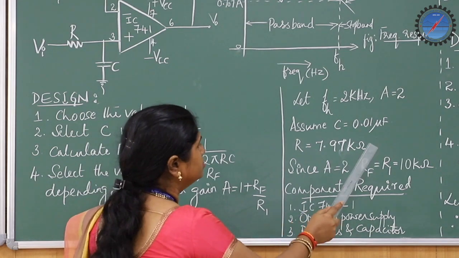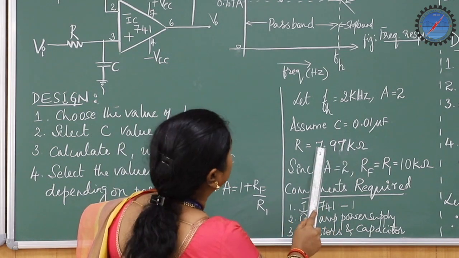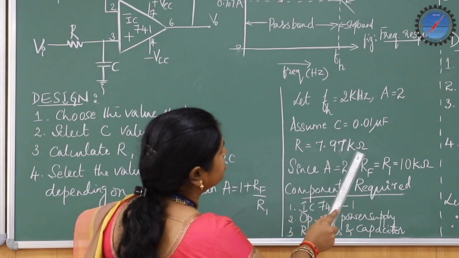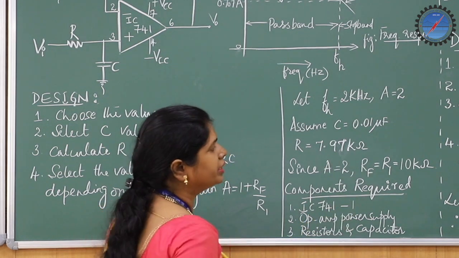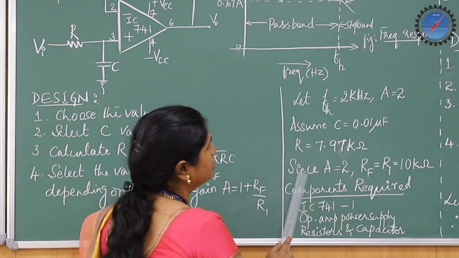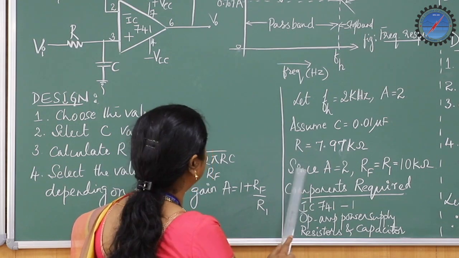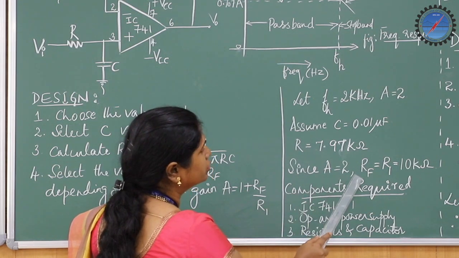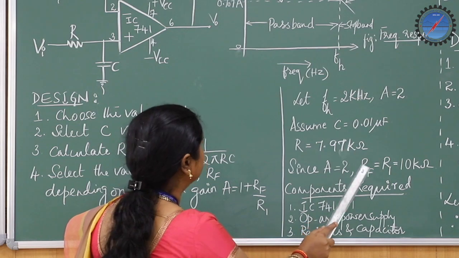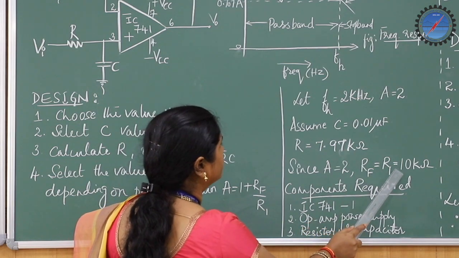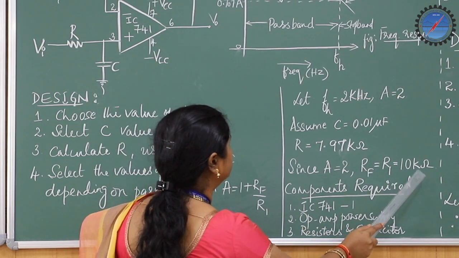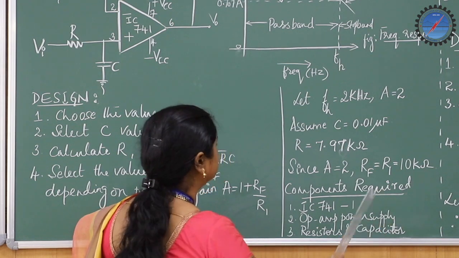Instead of 7.97, we can use the standard value 6.8 kilo ohms. And again we have passband gain A equal to 2. With this, we can find the RF and R1 value, which is equal to 10 kilo ohms.